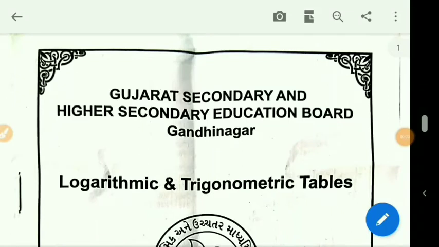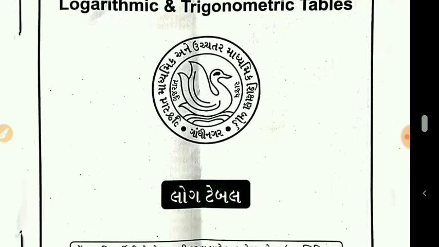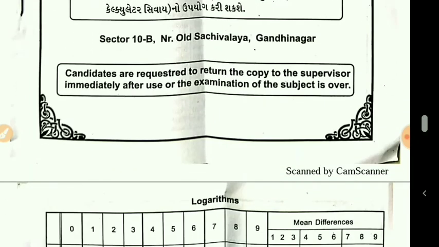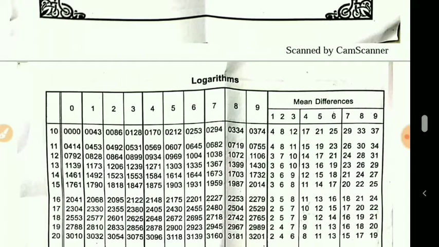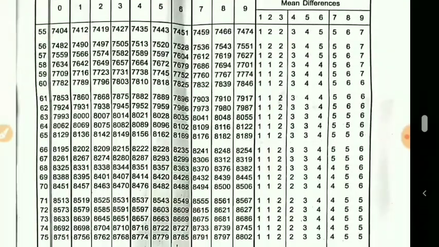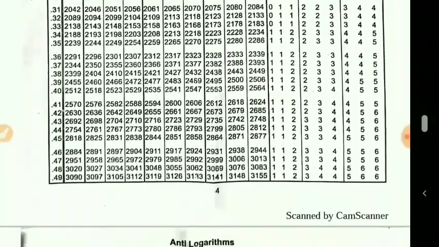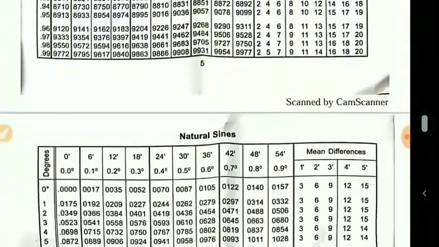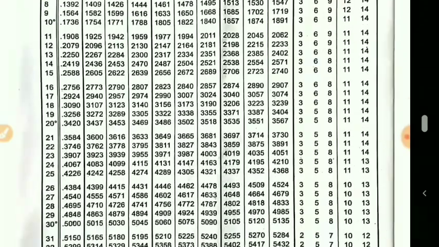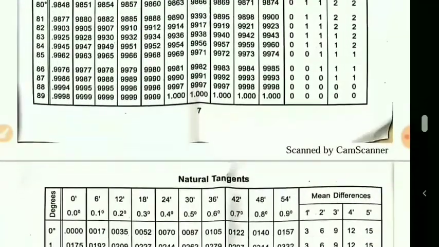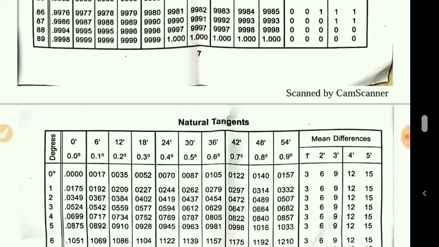Students, this is a logarithmic and trigonometric table. Now we want the tan inverse value, so we will move to the tan inverse. This is logarithmic, then anti-logarithms, then natural sine, then natural tangents. Because we want to find the tan inverse, we will look at this natural tangent table.